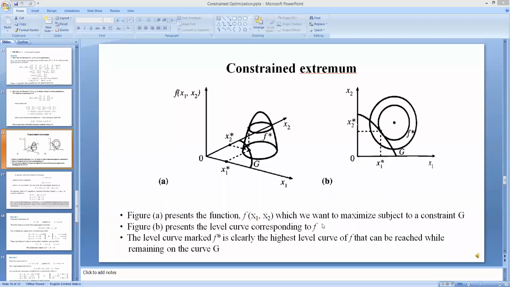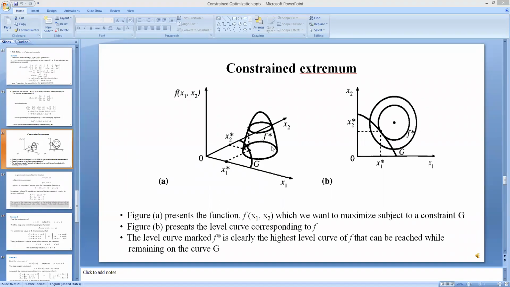So this is a diagrammatic presentation of constraint optimization. We are considering a three-dimensional strictly concave curve, and for it we also get the three-dimensional level curves.